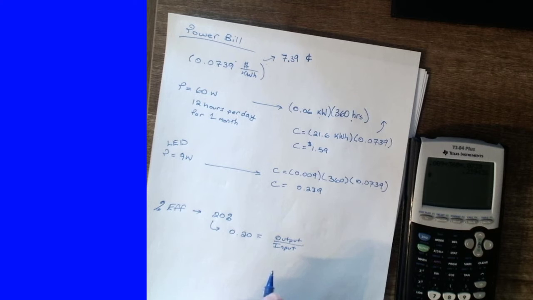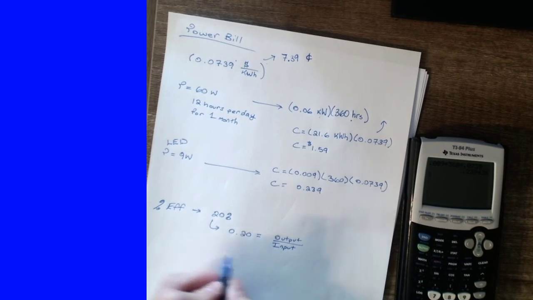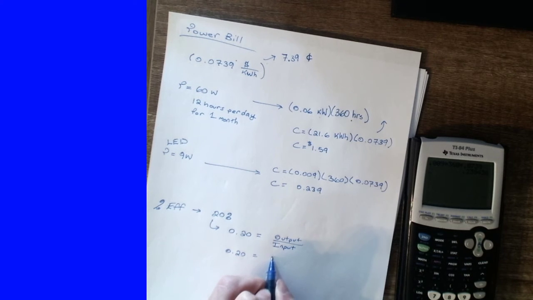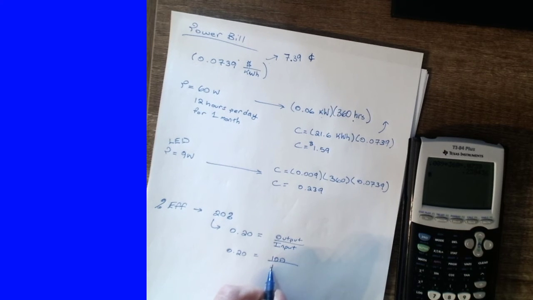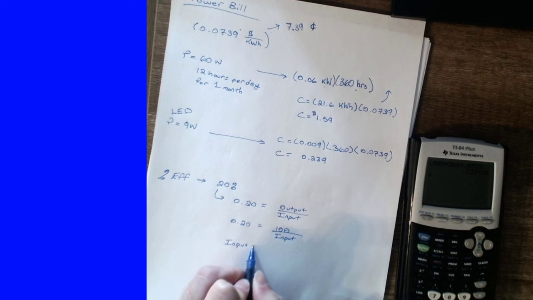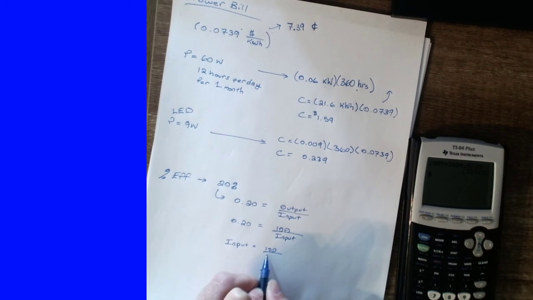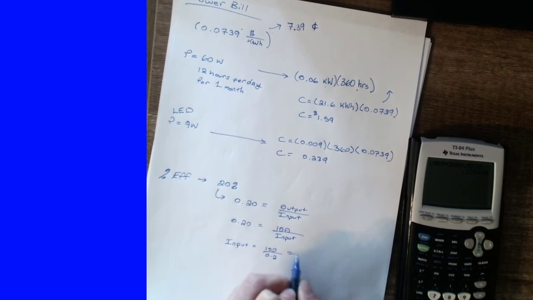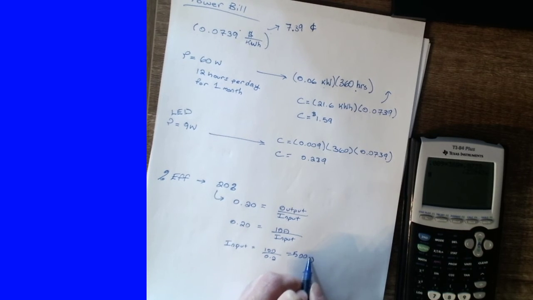So if it uses 100 joules of energy, how much does it draw? We're actually looking for the input here, and we know that the output is 100. So we have 0.20 is equal to 100 over the input. So I solve for input: 100 over 0.2 will be equal to 500 joules.